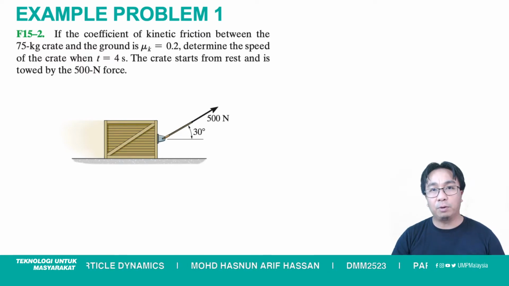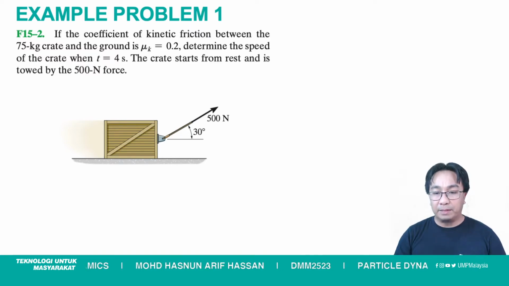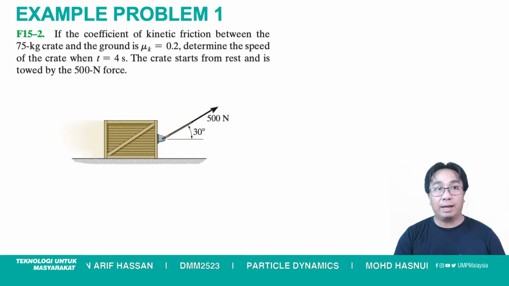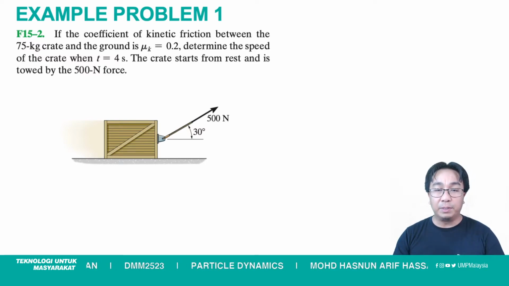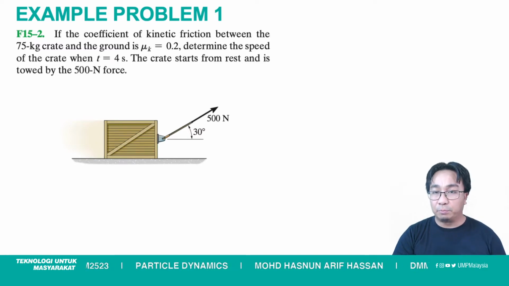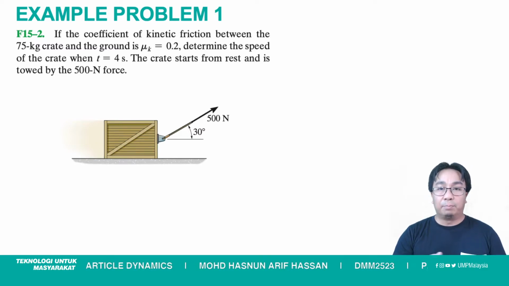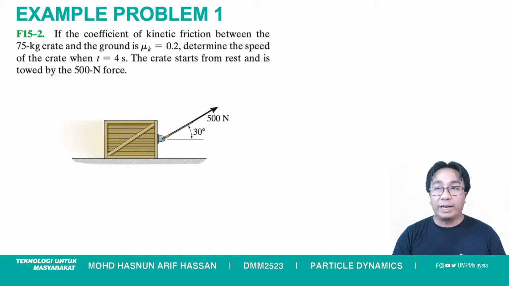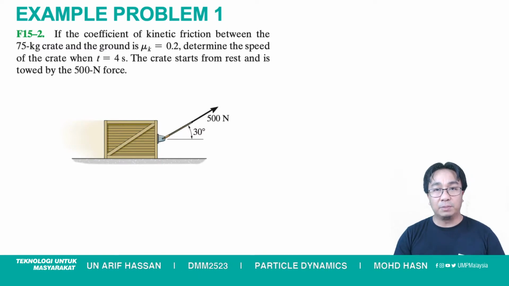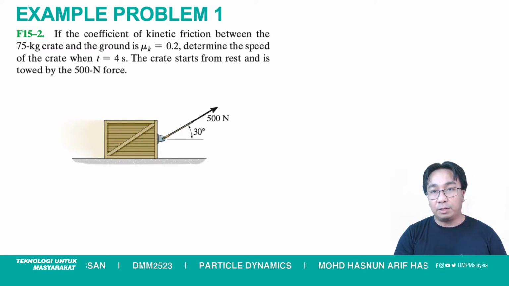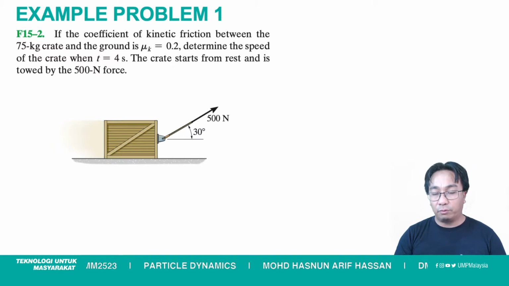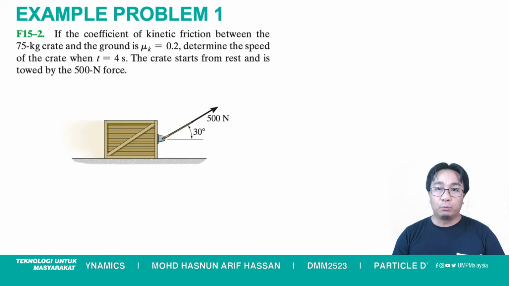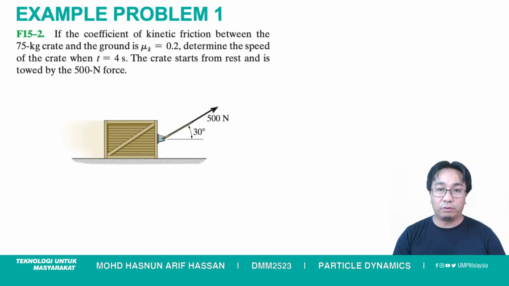So when the problem involves displacement, for example, what is the speed of the particle after it has displaced 5 meters, then you have to use the principle of work and energy. But in this case, we need to determine the speed of the crate when t equals 4 seconds, which means 4 seconds after the crate has started to move, we need to find the speed or the velocity.